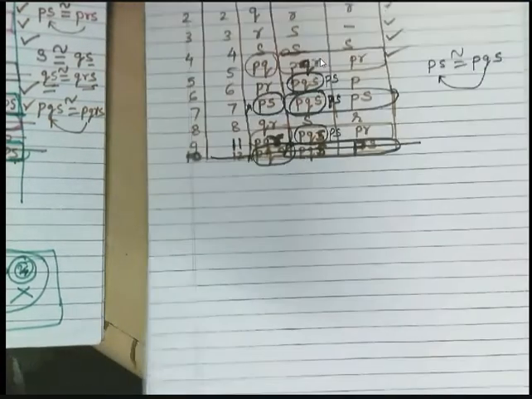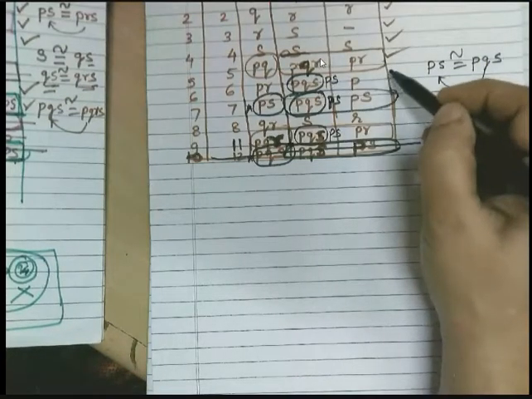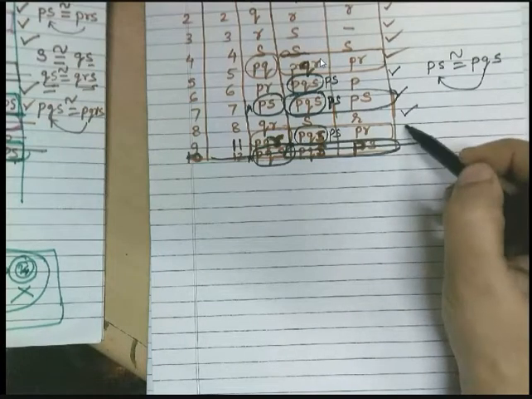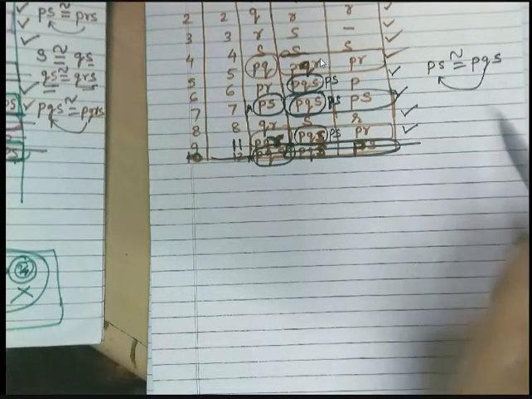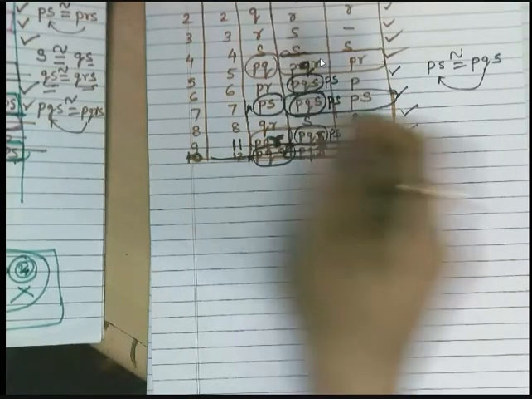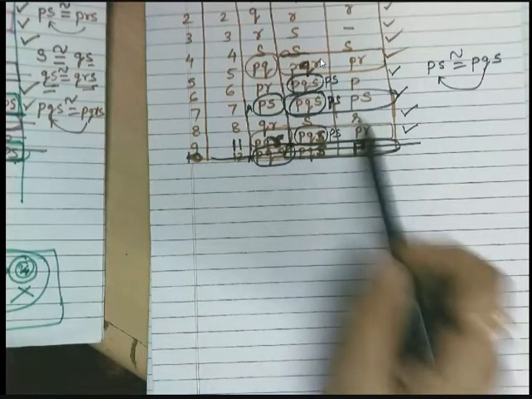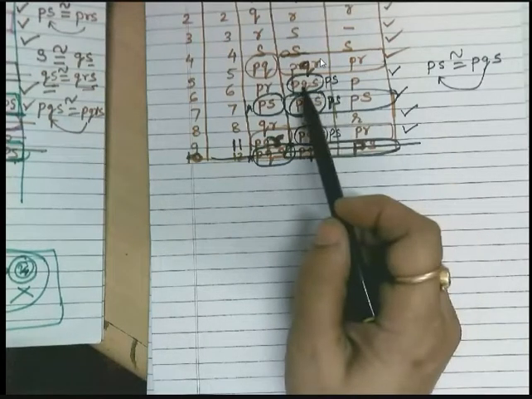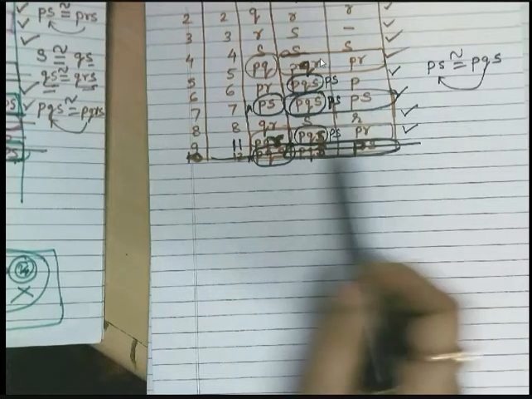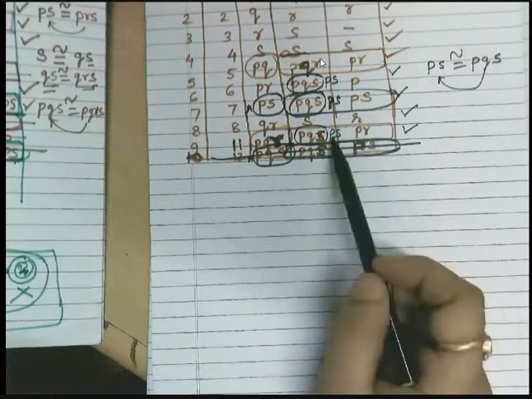So finally, we have got which states? P, R, P, S, S, R, and PQR. I think there is no equivalence remaining now. PQP nowhere, RR nowhere, SS, PQR, PR nowhere, then PS nowhere, SR nowhere.